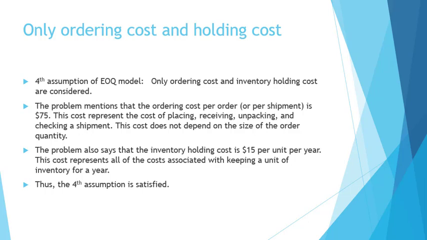Furthermore, the inventory holding cost is said to be $15 per unit per year. This cost represents all the costs associated with keeping a unit of inventory for a year. Then the fourth assumption is satisfied.